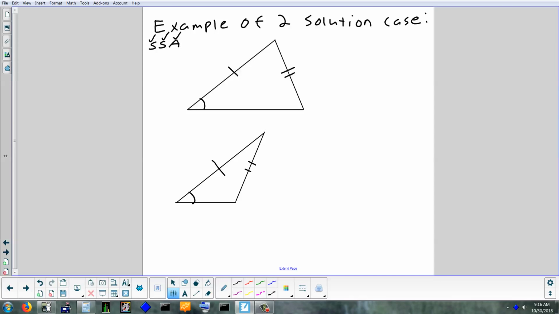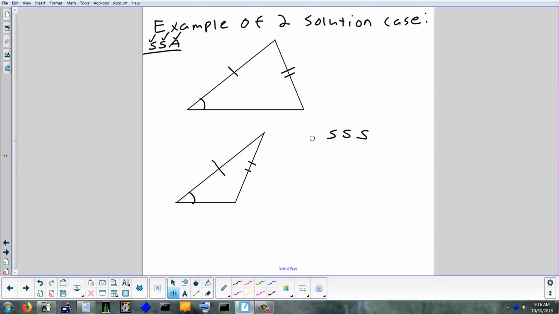But if I gave you 3 sticks and they were all the same size, right? I gave everyone sticks that were like 5, 6, and 7 inches. Everyone's triangle would look exactly the same. There's no way if I gave everybody sticks 5, 6, and 7 inches that people could make different triangles. It's impossible. It can only happen in this case.